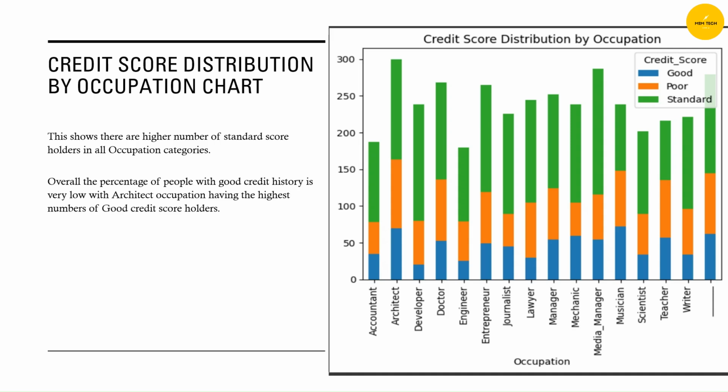For risk analysts, this suggests a targeted approach, focusing loan approval on occupations with strong credit profiles like architects and engineers, while offering tailored assistance, such as budgeting tools, to those riskier categories to improve their financial standing.